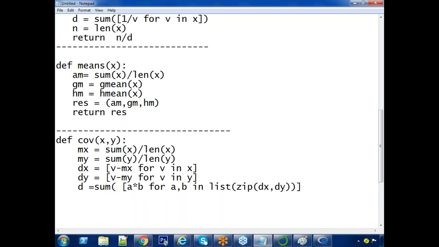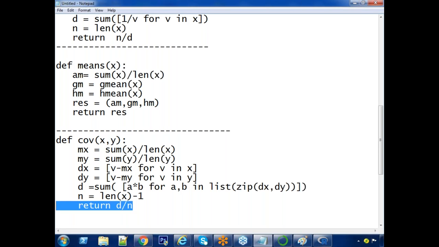Sum of this entire list. Sum ready, numerator. Len of, you can take either x or y. Both should have the same number of elements. Minus 1. Now return n by d.